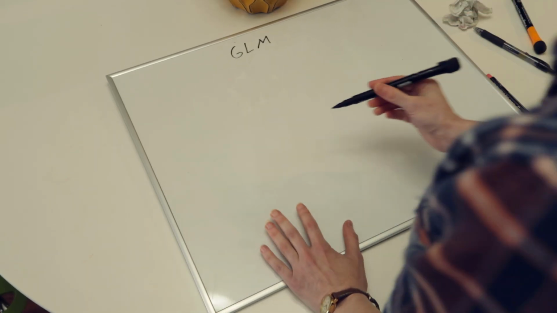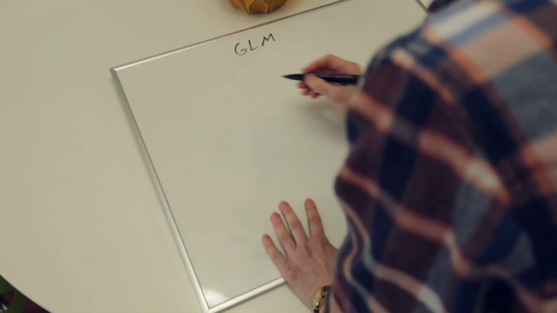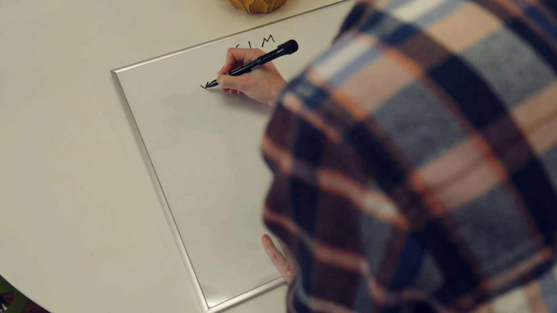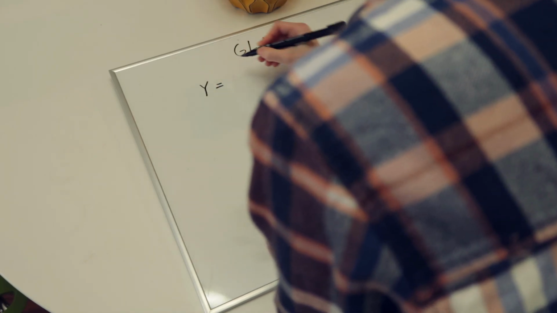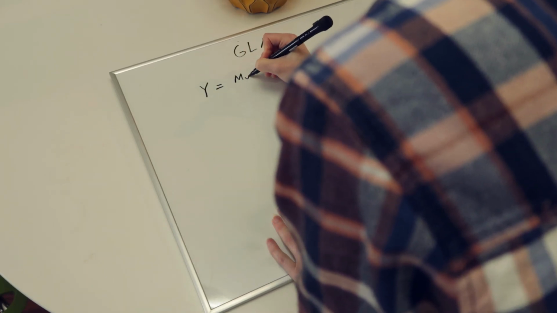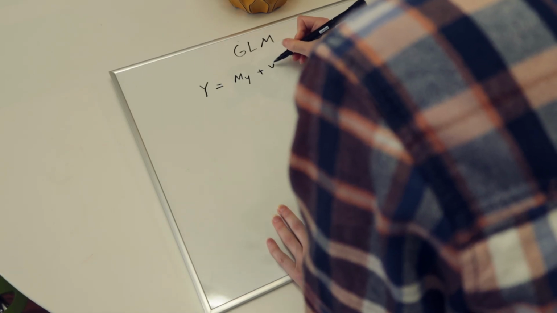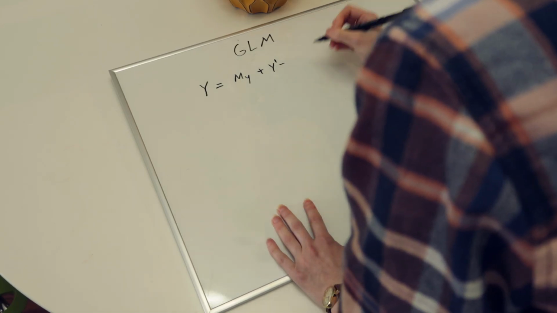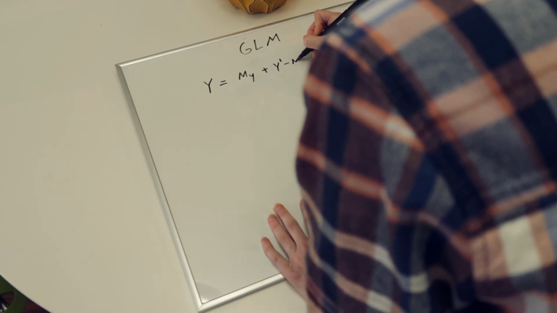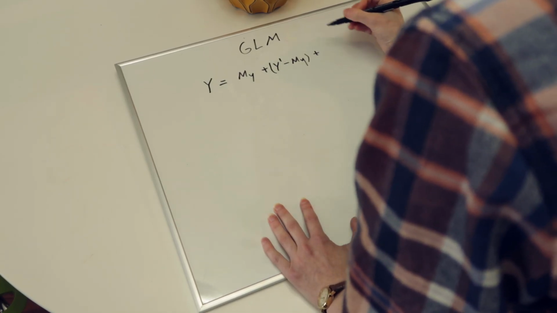So if we're looking at just separating a y score, just a raw y score, it would be y is equal to the mean plus y prime, the predicted y, minus the mean of y, plus our error.